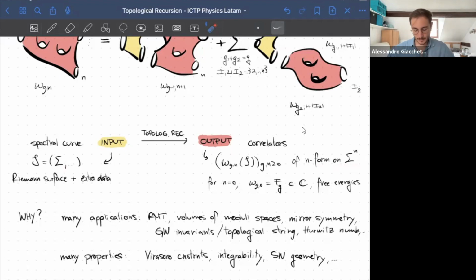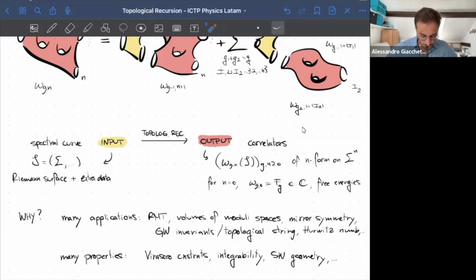In many cases, they will have either a physics interpretation or a geometric interpretation. With the language coming from physics, in the specific case of n equal to 0, this omega g0 are just complex numbers. They are sometimes denoted with an F g and are called free energies.